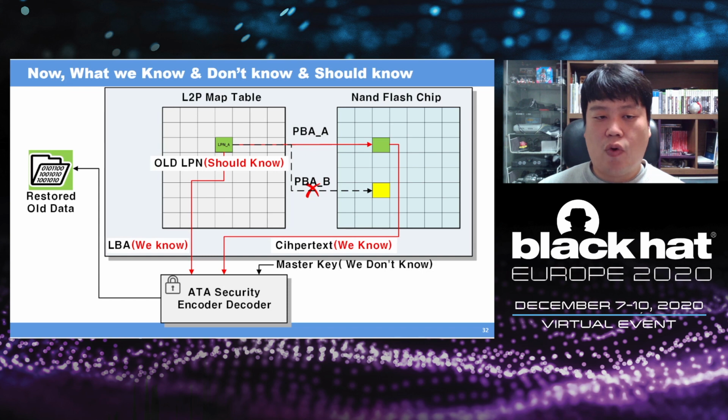However, at least for the overwriting situation, we can get plaintext easily, even if we don't know the master key. Since it is easy to know the LBA from the current LPN, if we can reconstruct all the old LPNs from the current LPN, the ciphertext can be decrypted naturally by the controller. Anyway, the challenge is to find what all the old LPNs are.